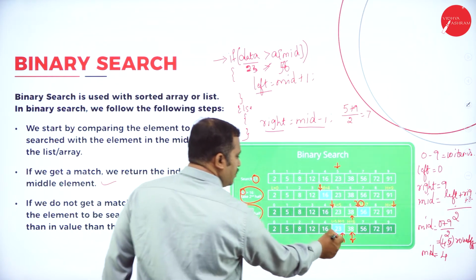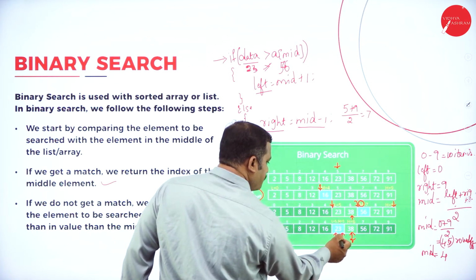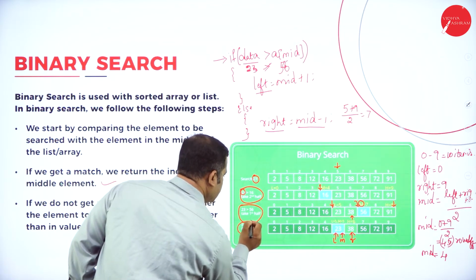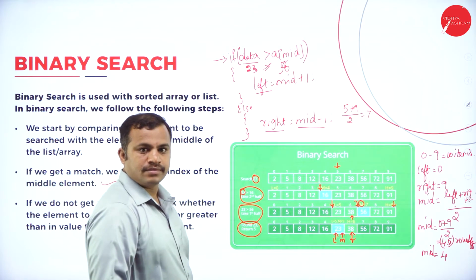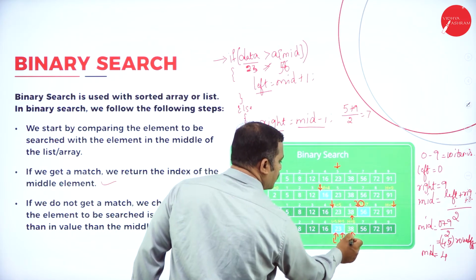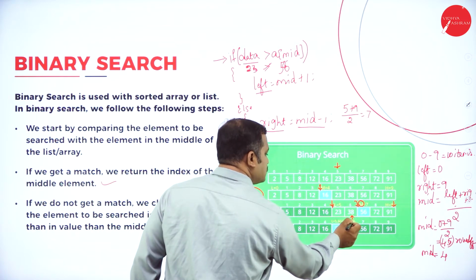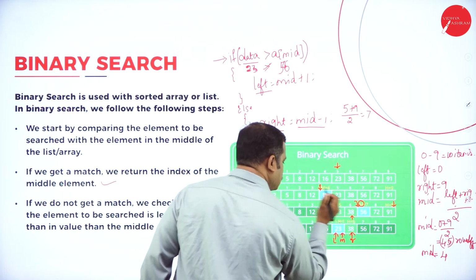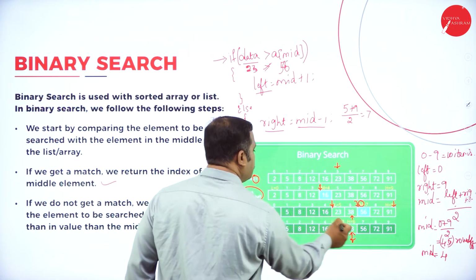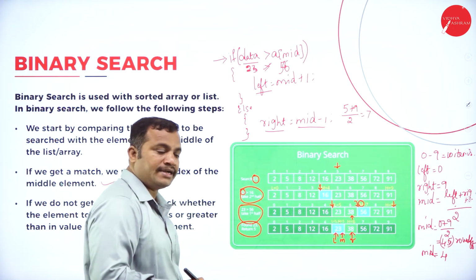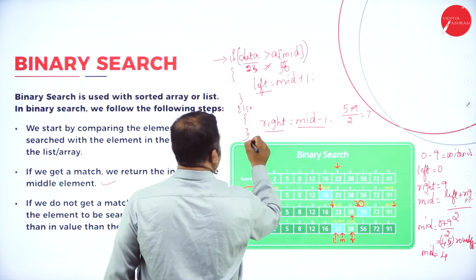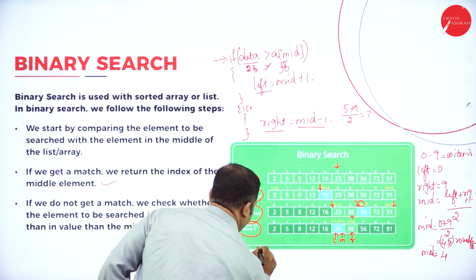Now again, 23 is present in the fifth location. What is the value of right? That is A of 6, that is 38. Now we have the middle element. If the element is found, what is to be returned? That is A of mid, if data is equal to A of mid.